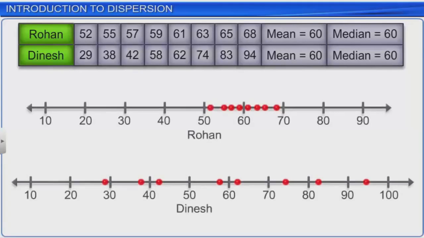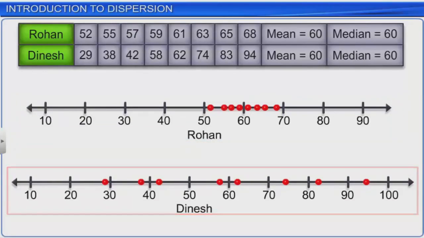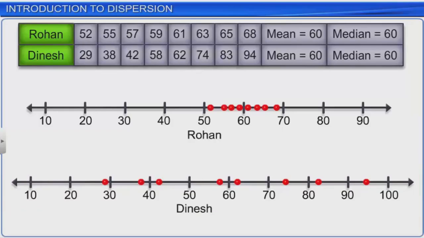Here we notice that Rohan's marks are close to each other and centered about his average score. On the other hand, the marks scored by Dinesh are scattered on the number line. Thus, the measure of the central tendency is not sufficient to give us complete information about the data.